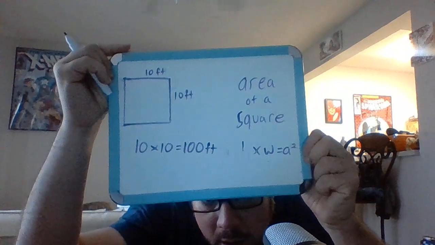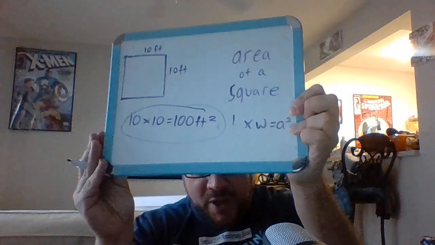Get out your calculators. 10 times 10 is 100. 100 what? 100 feet? Yeah. But what are we forgetting? 100 feet squared. I'm keeping these simple because I'm more concerned about you getting the concept, not using big numbers. It's more that you know how to do it.